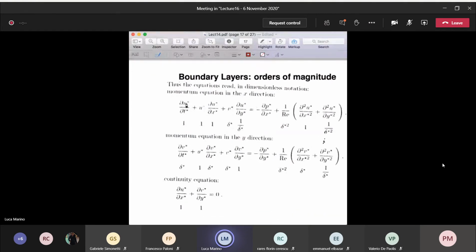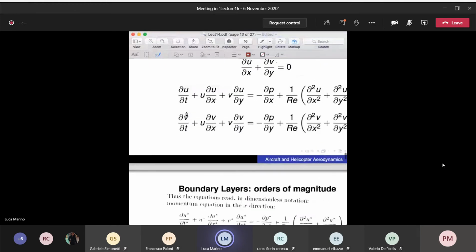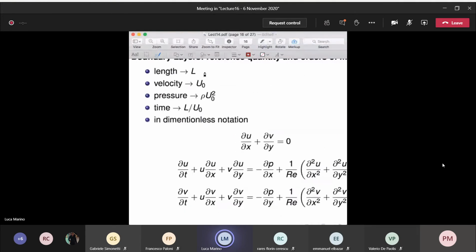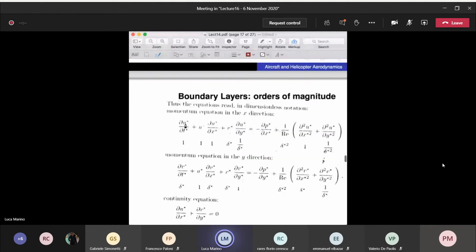So if we use L, U0, and L over U0 as reference quantities, like in Navier-Stokes, we will find for U and for t this ratio of order 1, and U0 over L, which is of order 1.